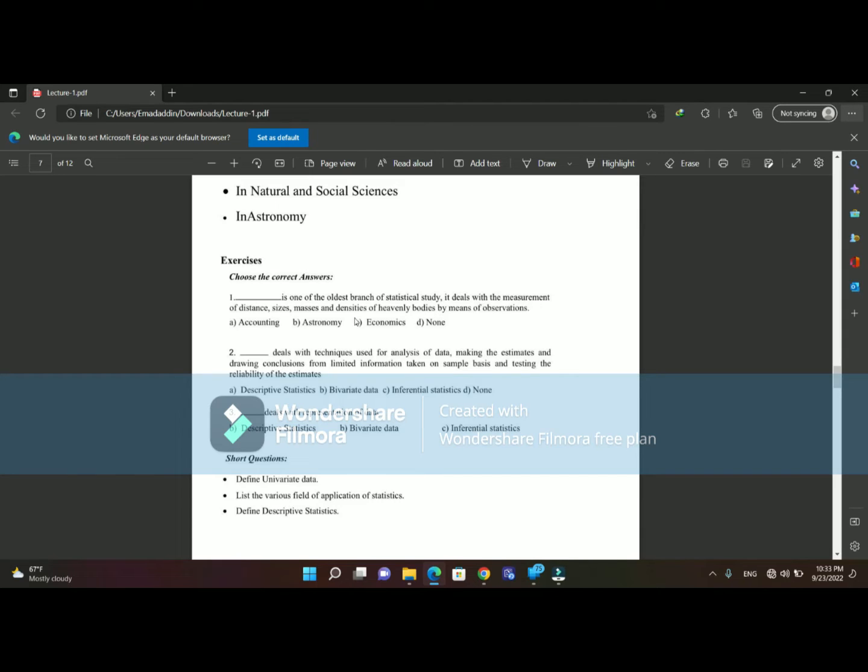It deals with the measurement of distance, size, masses, and heavenly bodies and means of observations. Which one is the correct answer? Accounting, astronomy, economics, or none. We have to choose astronomy.